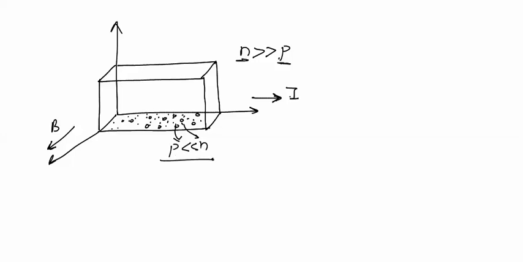So the bottom surface is more negative as compared to top surface, and a potential difference will be developed here, for which top surface will be more positive than bottom surface. Electric field will direct from positive to negative, from top surface to bottom surface in the downward direction. So in this material there will be an electric field which directs from top surface to bottom surface.